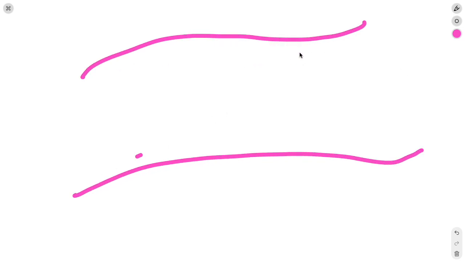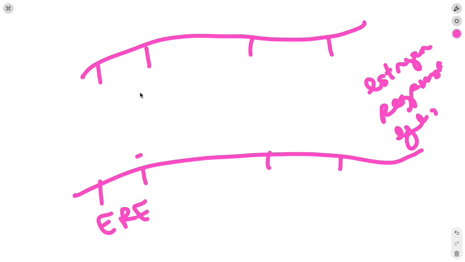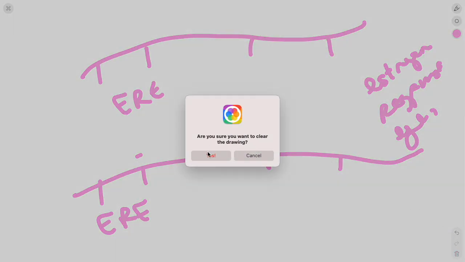And so here's an example of an estrogen response gene, target gene. And it's the same one, and here's the ERE, the estrogen response element. And I'm just going to start over because I didn't really give myself good space, but it's the same thing.